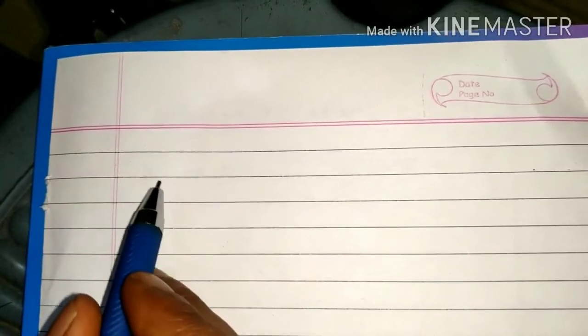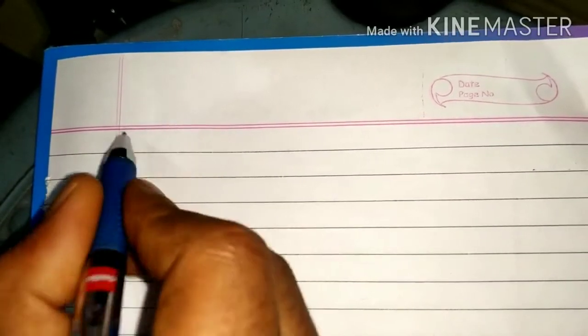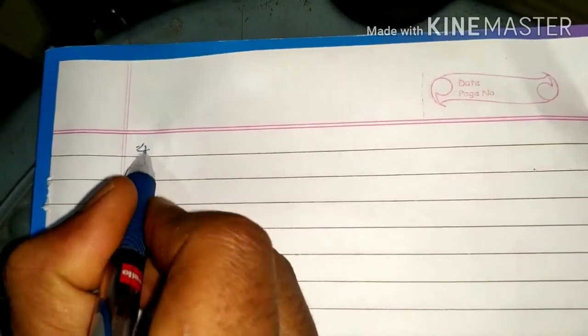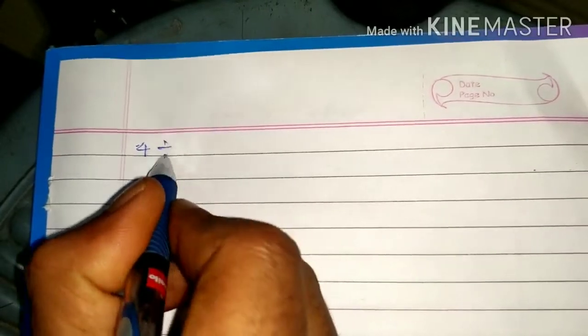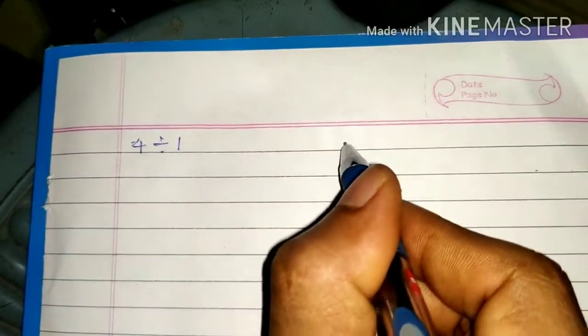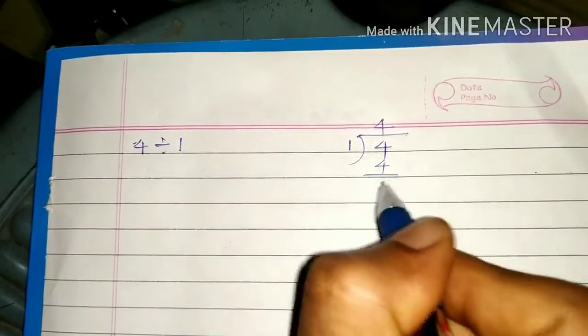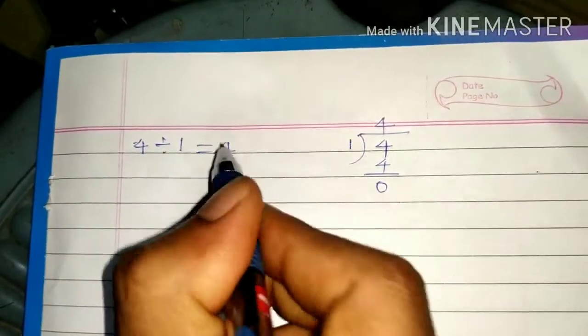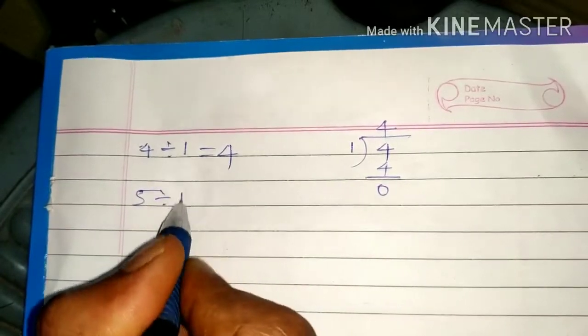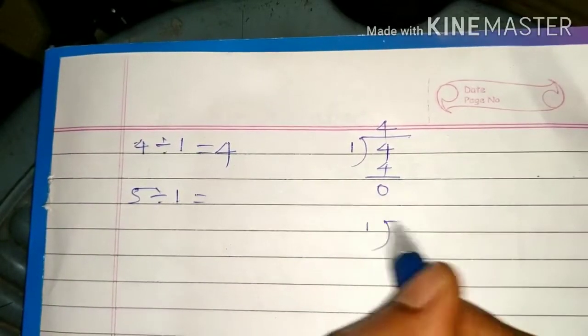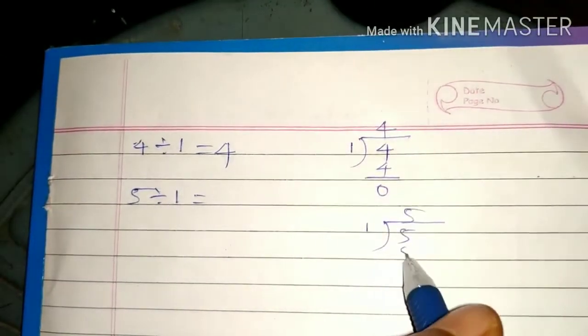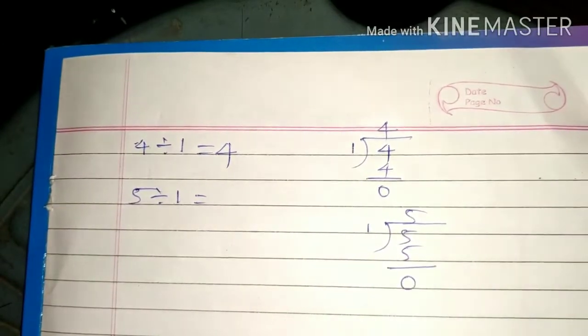Next we shall see division of any integer by 1. Suppose I consider 4 divided by 1. 1 4s are 4, 0. So the answer is 4. In the same way, 5 divided by 1. 1 five is 5, so that is 0.